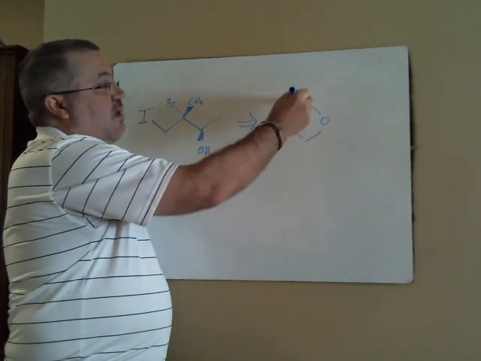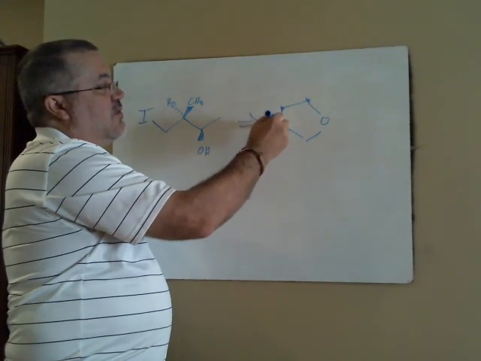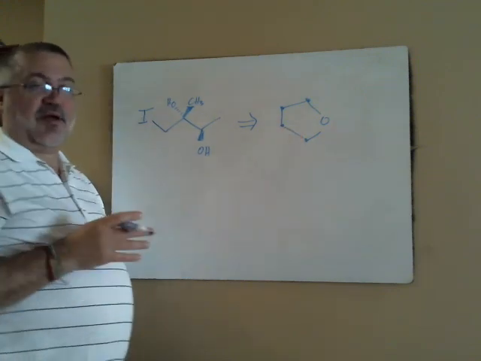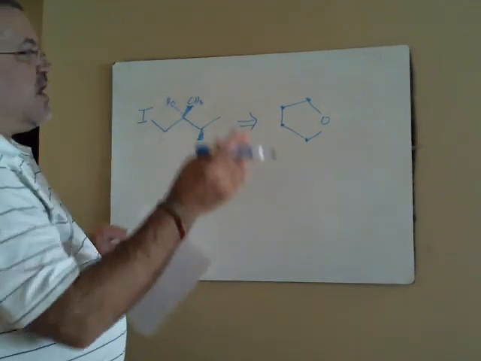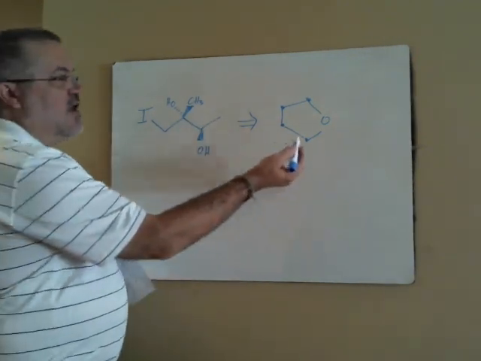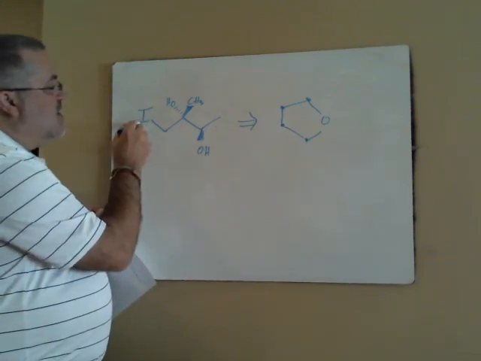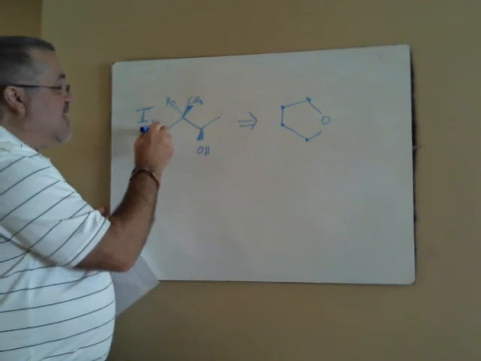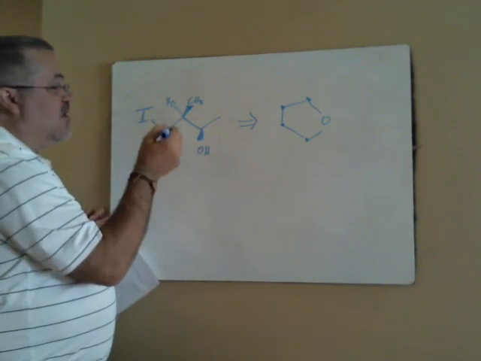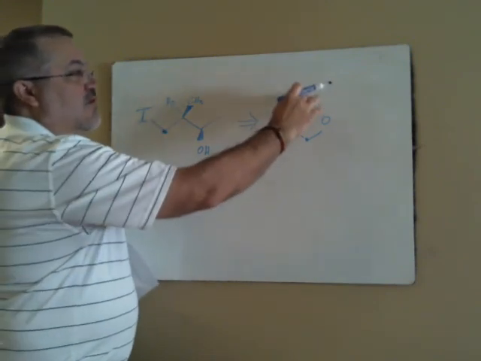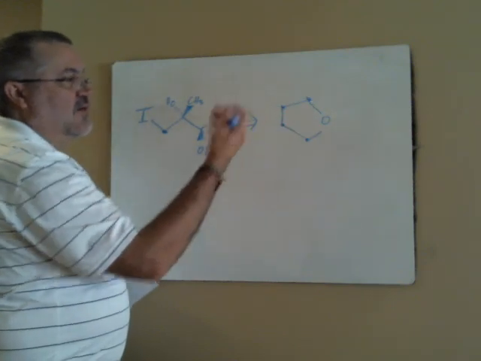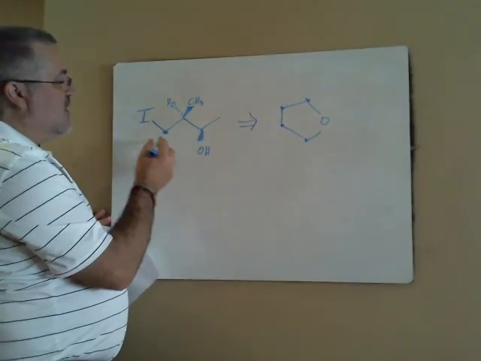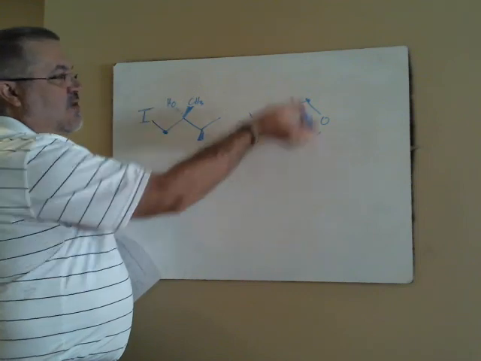So there are 1, 2, 3, 4 carbons that are going to be present when I open it up. If I used HI, because I have this I here, that would make sense, right? That would mean that this carbon right here would be one of these 2 carbons, whichever one the I reacted with.